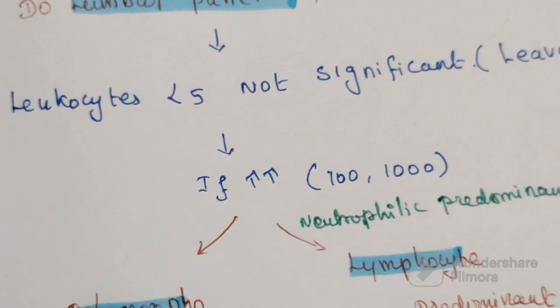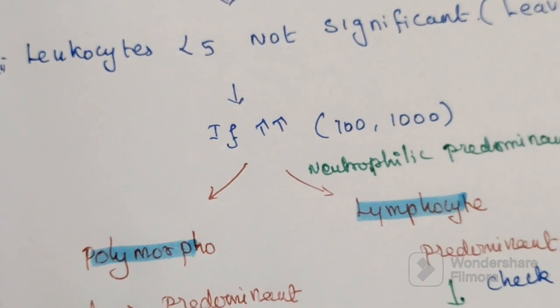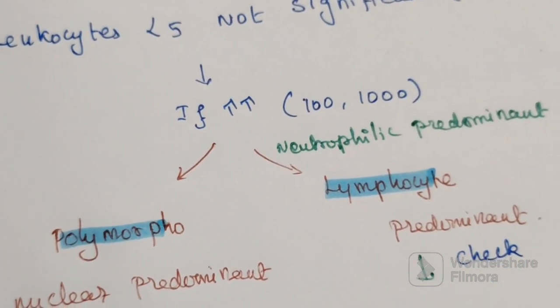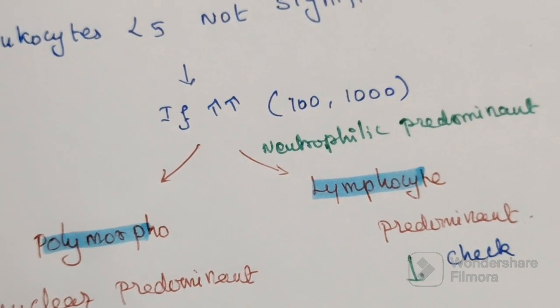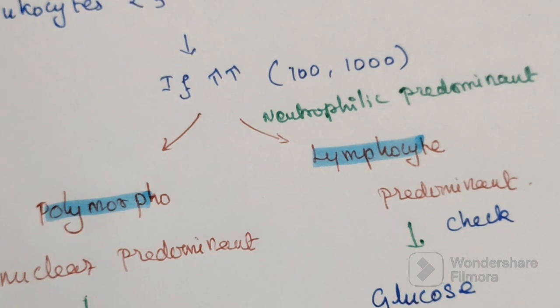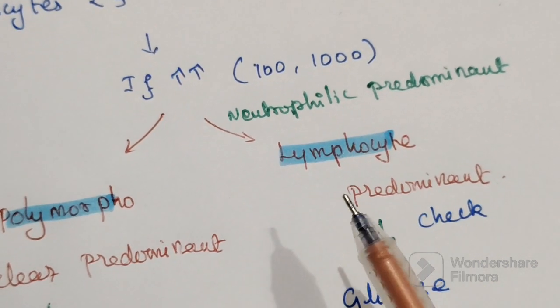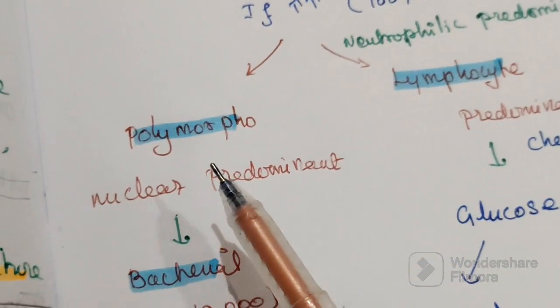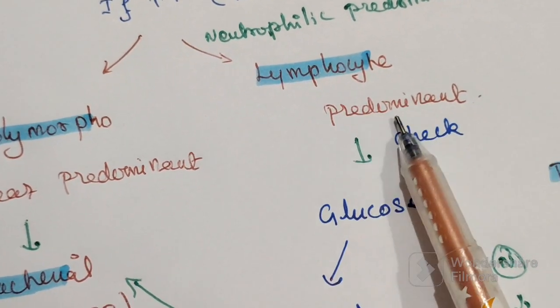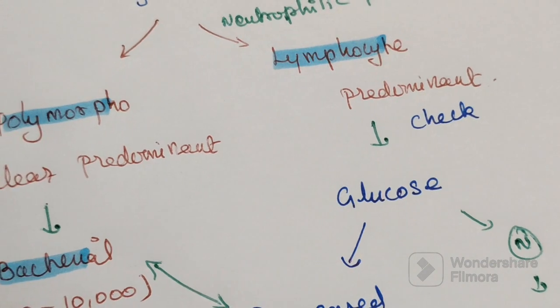If the leukocytes are very much increased, 100 to thousands, then see whether it is neutrophil predominant, that is polymorphonuclear predominant, or lymphocyte predominant.